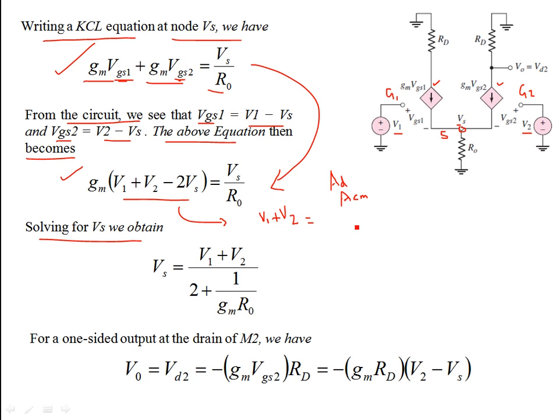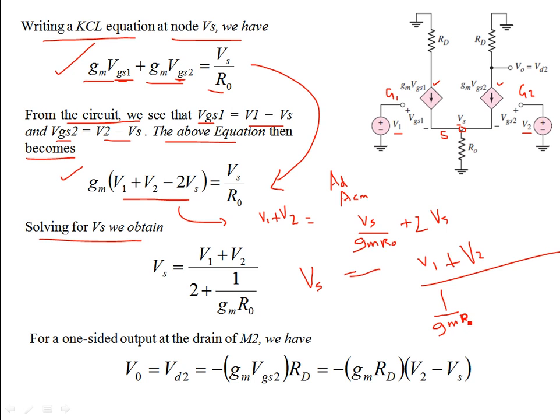So this becomes equal to Vs. You take gm in the denominator, on the right hand side of the equation this becomes 1 over gm R0, and then plus 2 Vs. So if you make Vs the subject, Vs is equal to (V1 plus V2) divided by (1 over gm R0 plus 2).